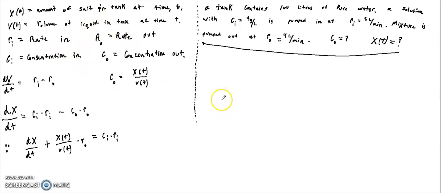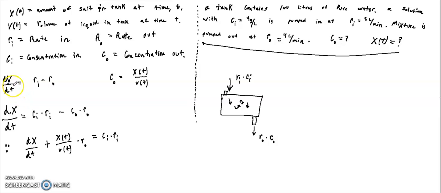And note that when you have a tank and you pump something in, Ri times Ci, because it might have a concentration, it's going to go in, be stirred up, and then it's going to be pumped out, which is Ro times Co, the rate out times the concentration out. So that's basically what this problem is. We're pumping stuff in, we mix it up, and then we pump it out.